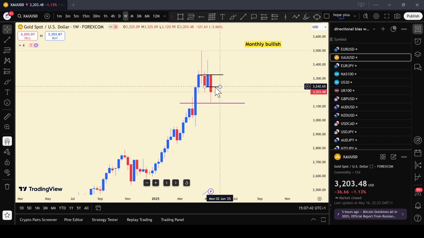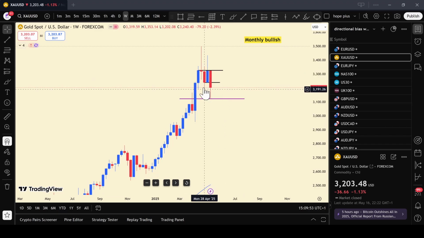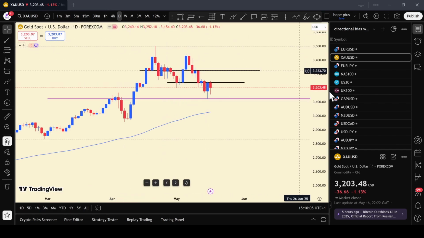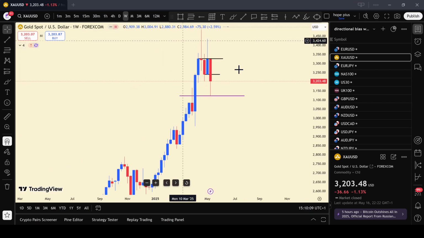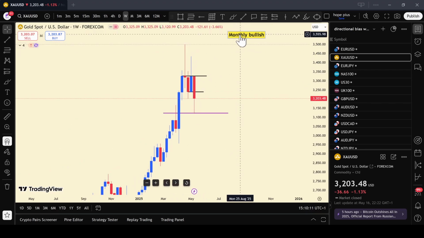So this becomes a fresh, untested resistance. As you can see, we have the candle closing below. So that means that level failed to do its job in pushing price to the upside. So in this case now, you can say that the weekly is bearish.